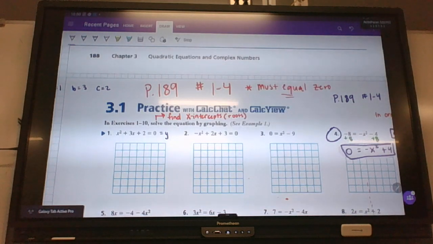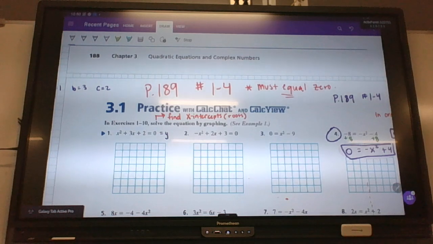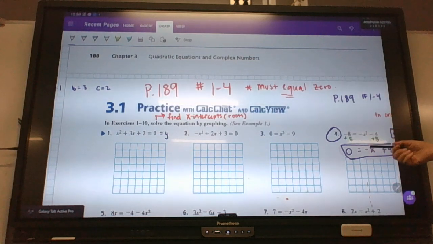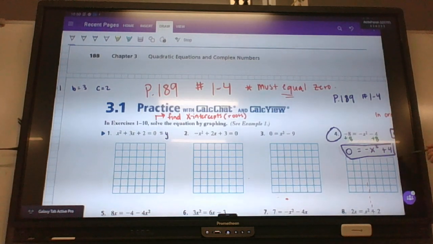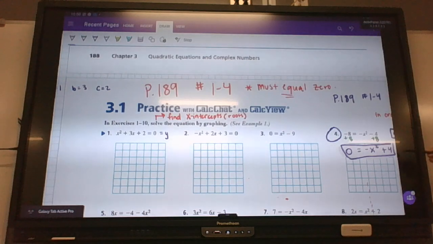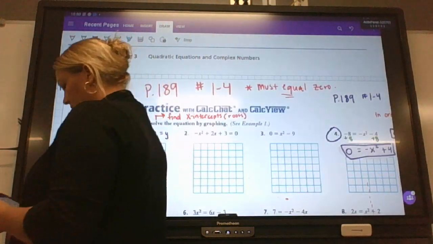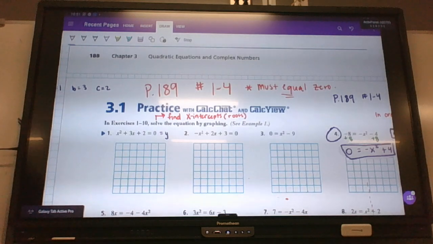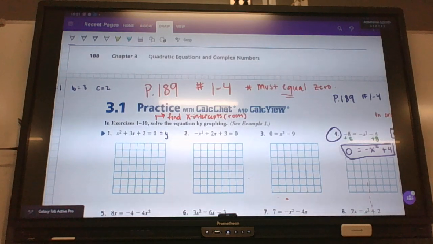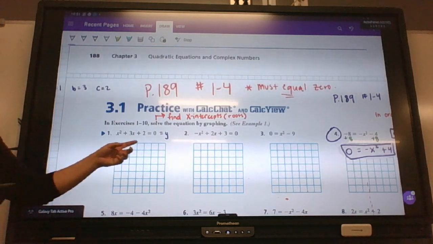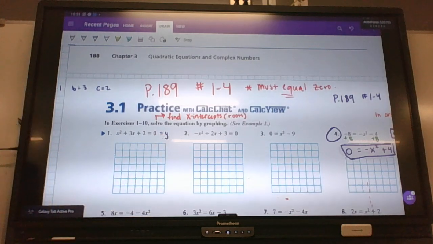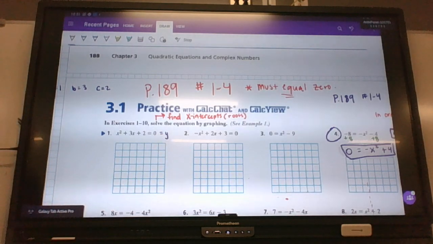All your equations must equal 0 to start. The first 3 are set up for you. Number 4, you actually have to rearrange. Add 8 over to make it equal 0. And then when we go to graph it, we just think of that 0 as a Y. And we go through all the same graphing steps we've done before.